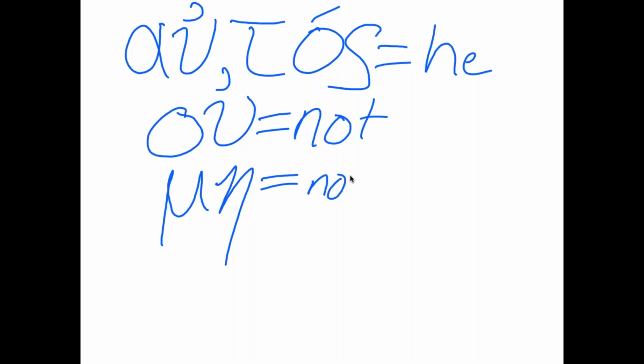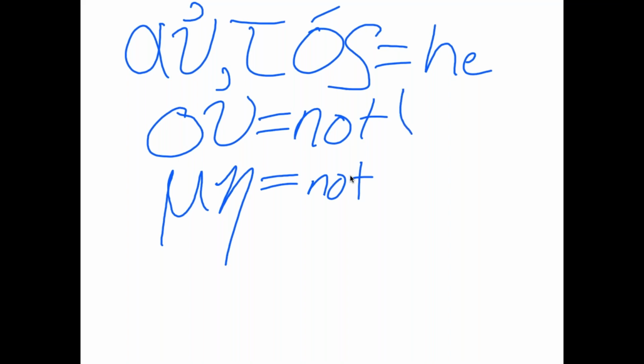May also means not. Now, where would the breathing mark go on may? Why are there two words for now? We'll get to that. So may starts with a consonant, so there is no breathing mark.